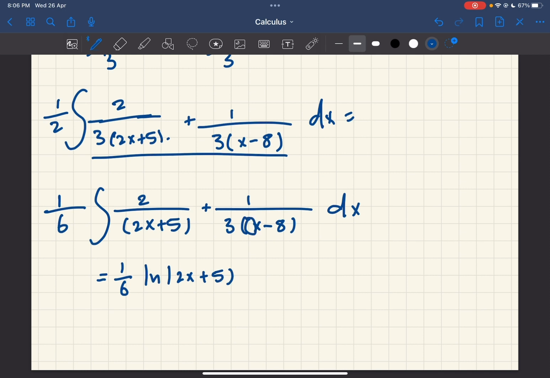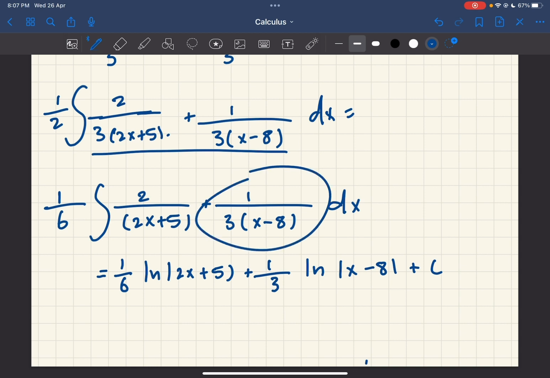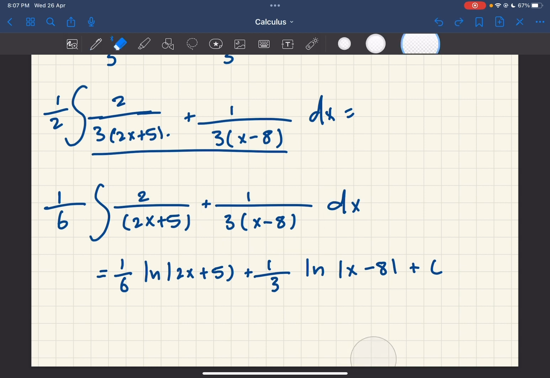And since here we have a constant of 1 and there's nothing here, that means it's automatically equal to 1. So we can easily just write it as 1 over 3, ln of the absolute value of x minus 8, plus c. We don't have to alter anything or multiply it by anything, because the constant equals 1. And that is the answer.